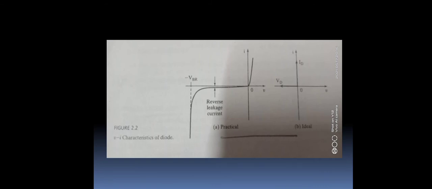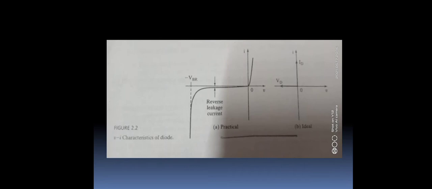Now this is the IV characteristic of the diode: voltage versus current. When forward voltage is applied, the forward bias curve rises steeply, and when reverse voltage is applied, there is a breakdown voltage, minus VBR, or the reverse leakage current in the practical form.